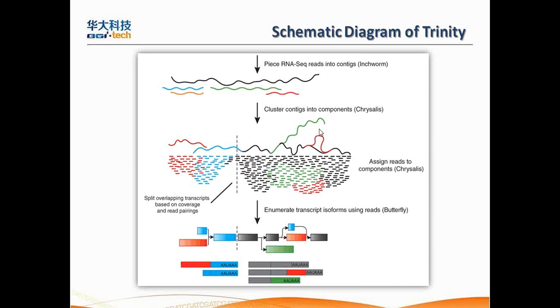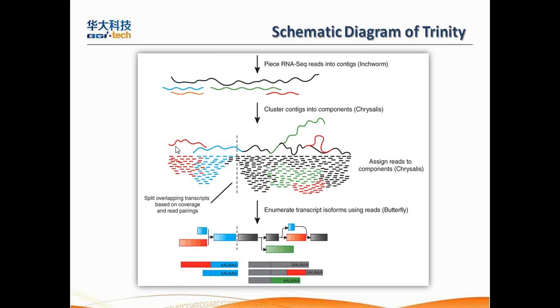After you get this information, it can represent the complexity of this transcriptome. And after this Chrysalis step, we use Butterfly to figure out which parts should be coded into two separate transcripts, and which parts represent different alternative splicing.